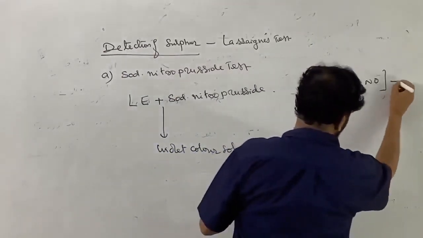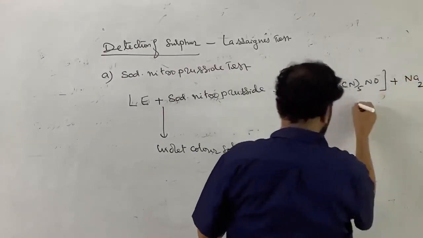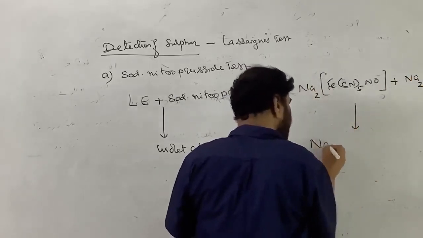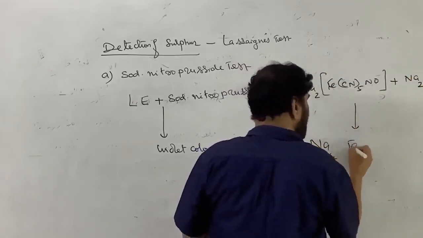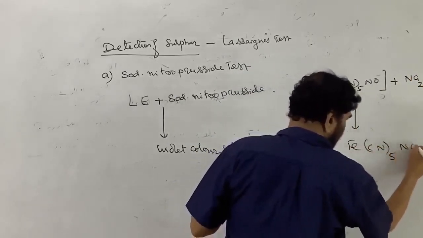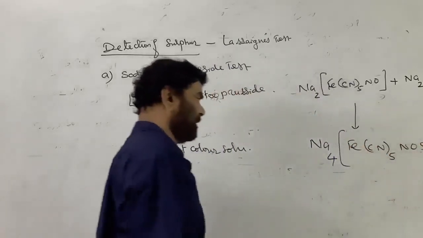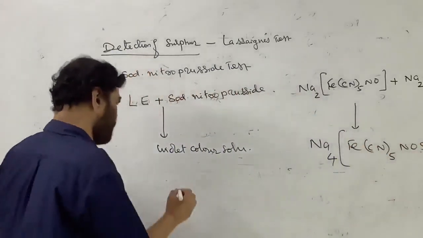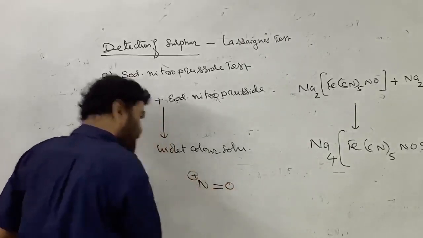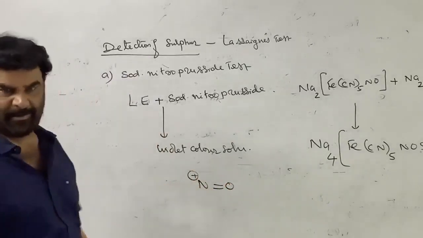And now what you are doing? You are taking the Na2S. An addition compound is formed. The two combine and form a new complex, [Fe(CN)5NOS]. Thionitrite. You know that N double bond O is the nitrosonium ion.